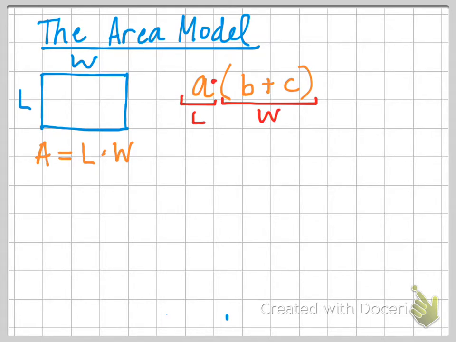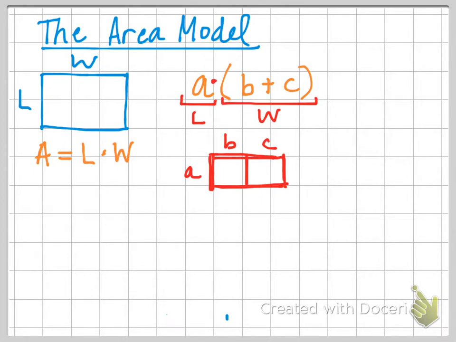Now if I was going to represent this as a rectangle, I could imagine a length of A, and then I'm drawing out the width of my rectangle, and the width is B plus C. So I'm going to divide it into 2 pieces and say this first chunk is a length of B, and the second chunk is a length of C.